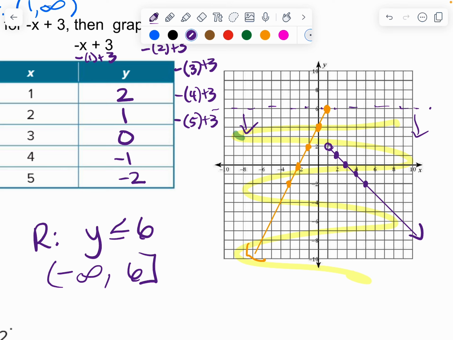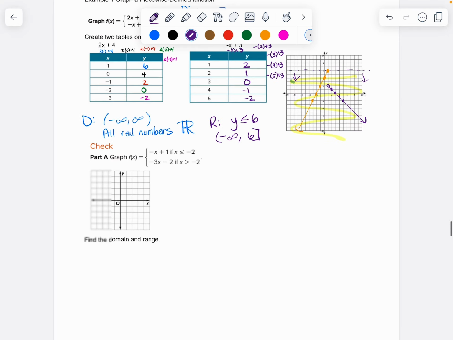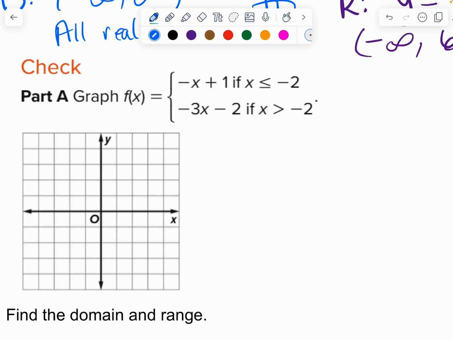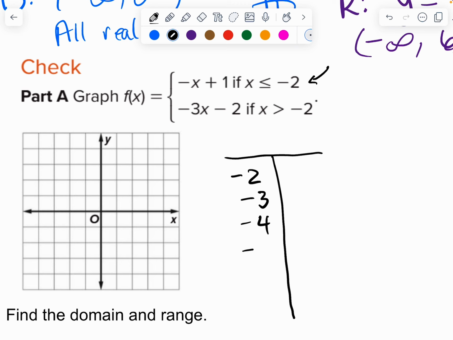Okay, then here, we do the same thing. Actually, I'm going to make a T-chart. So this says x has to be less than or equal to negative 2. So negative 2, negative 3, negative 4, negative 5, negative 6.